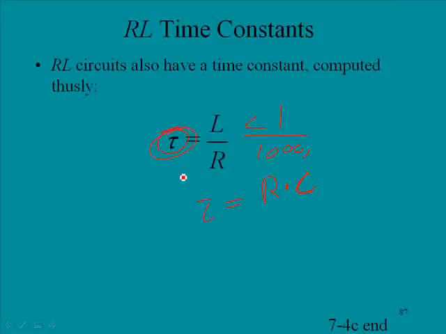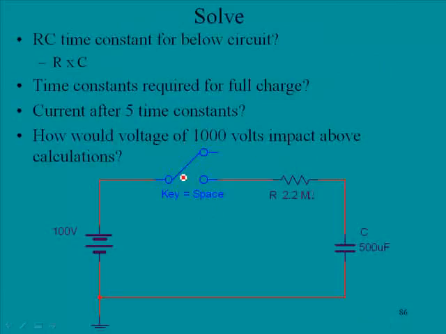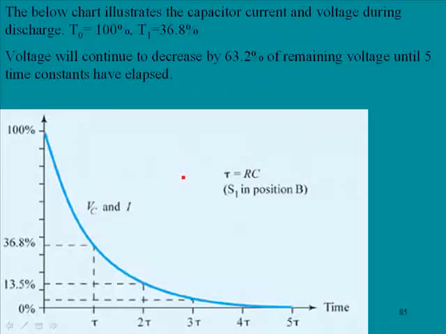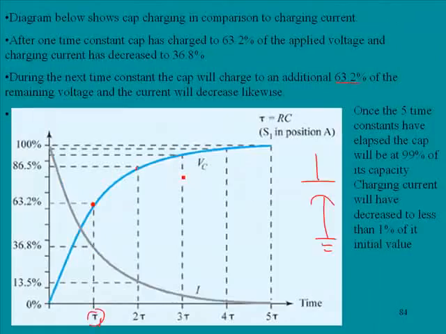Okay, in this section we looked at time constants. We solved for a time constant in this particular circuit. We looked at the discharge time and the charge time, and they were based on time constants. Remember that the voltage and current were inversely proportional during charge, and they were directly proportional during discharge.